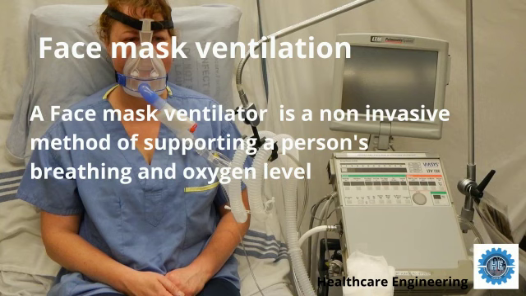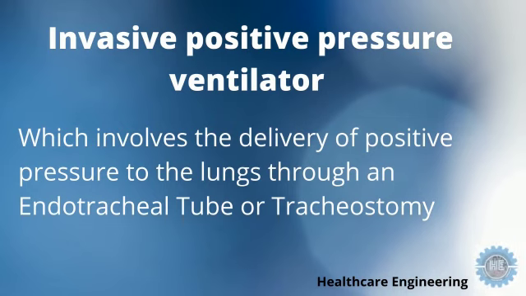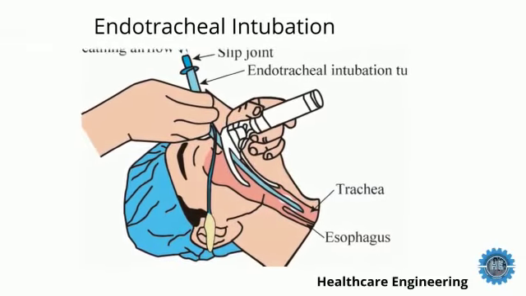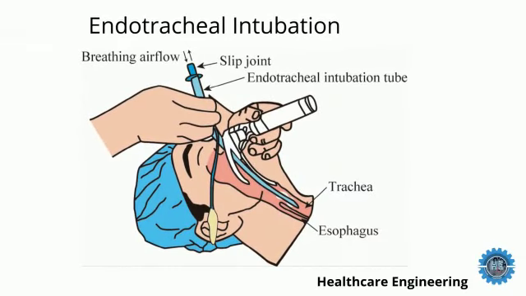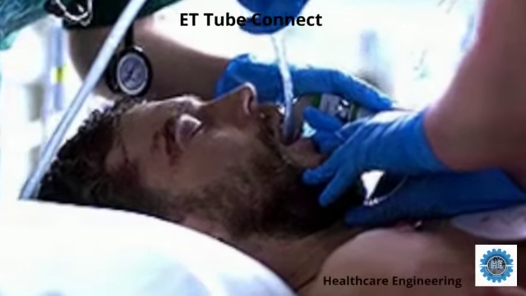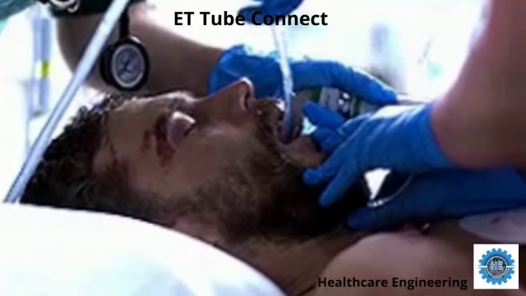Now let's see invasive positive pressure ventilation, which involves the delivery of positive pressure to the lungs through an endotracheal tube or tracheostomy. Endotracheal intubation is the procedure of passing an endotracheal tube into the trachea through the nose or mouth. Tracheostomy.